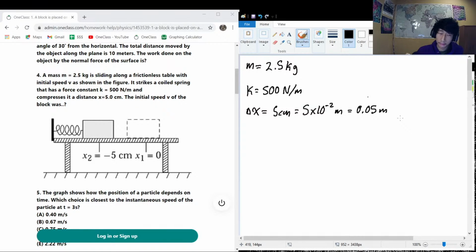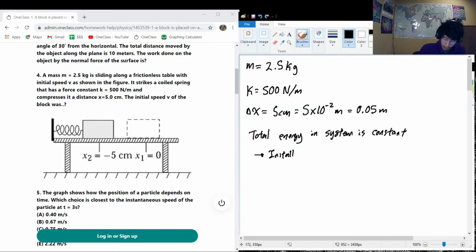So we know that initially the total energy in this system is constant. Initially, all energy is kinetic energy in the moving block.